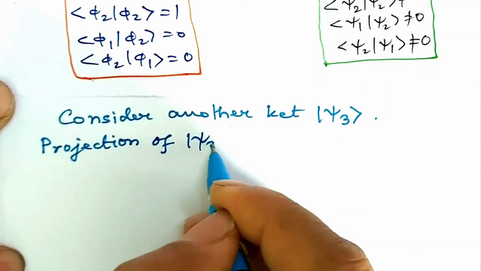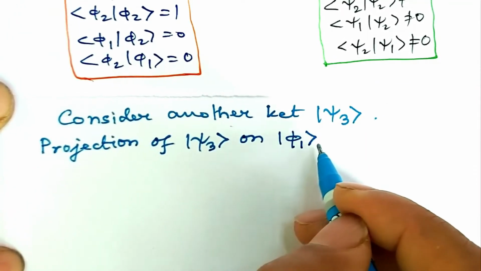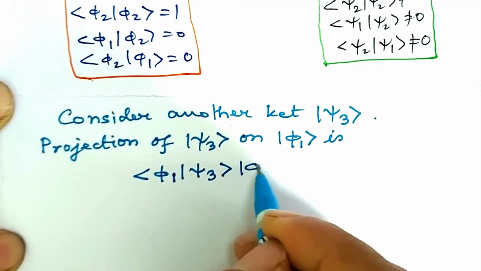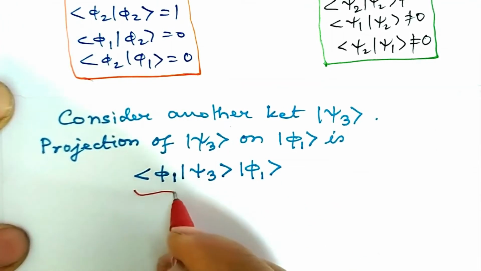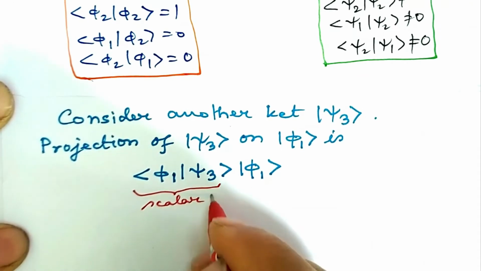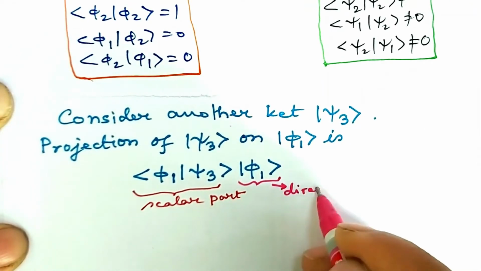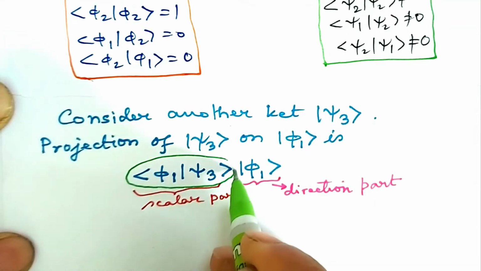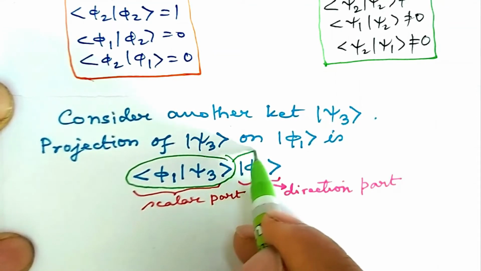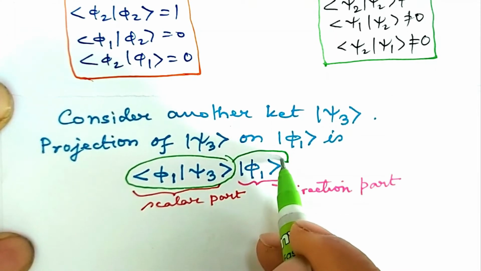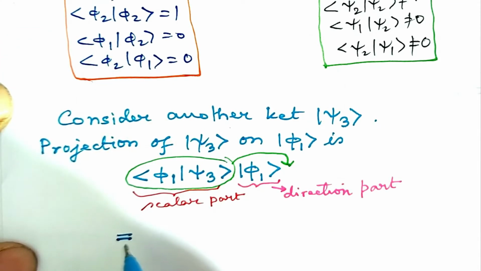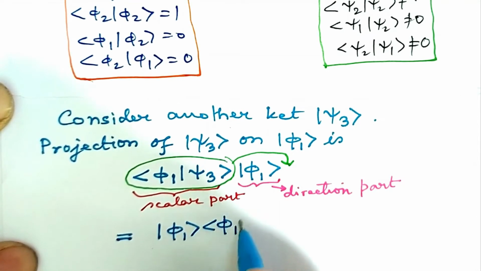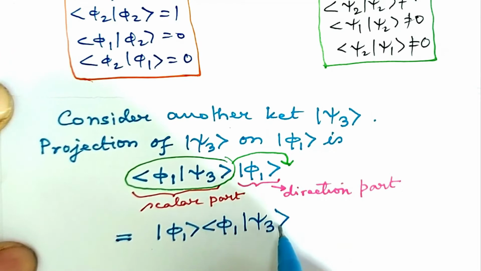Projection of ket psi 3 on ket phi 1 is the inner product bra phi 1 ket psi 3 into ket phi 1, where this is the scalar part and this is the direction part. Again, this being a scalar, it can be placed anywhere, and let us place it here. This gives ket phi 1 into the inner product of bra phi 1 ket psi 3.